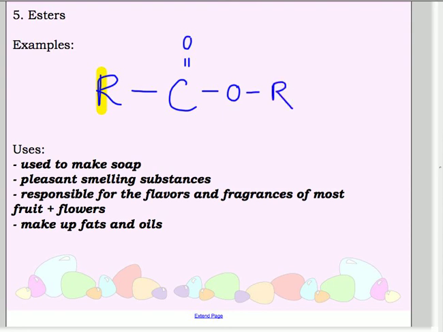So it's like a carboxylic acid stuck in the middle. The R and the R prime just mean they're different. They could be different amounts of carbons.